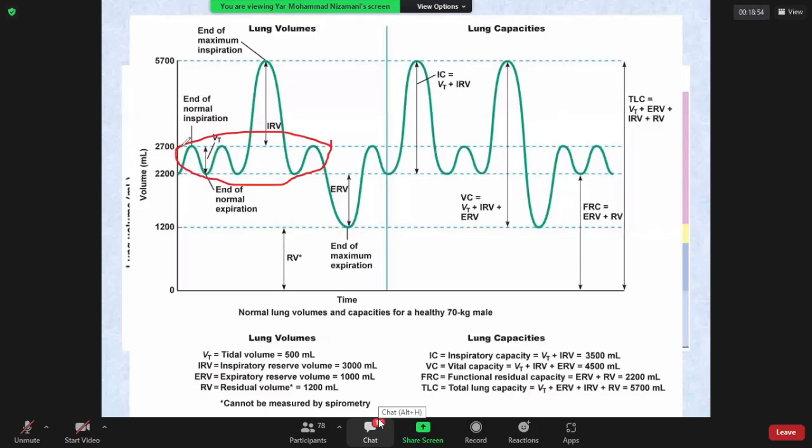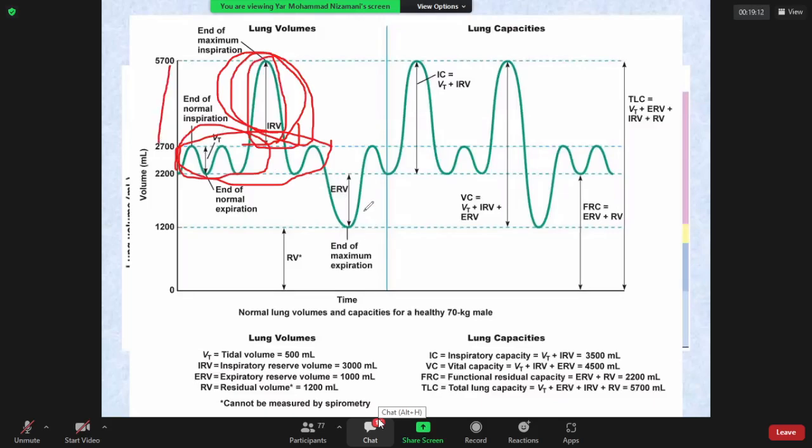This is tidal volume, 500 ml. And this is the extra volume of air which we inspire with force over and beyond tidal volume. Tidal volume के बाद जितना हम इंस्पायर कर रहे हैं जोर से, that is IRV. आप देख सकते हैं ये 3000 है.